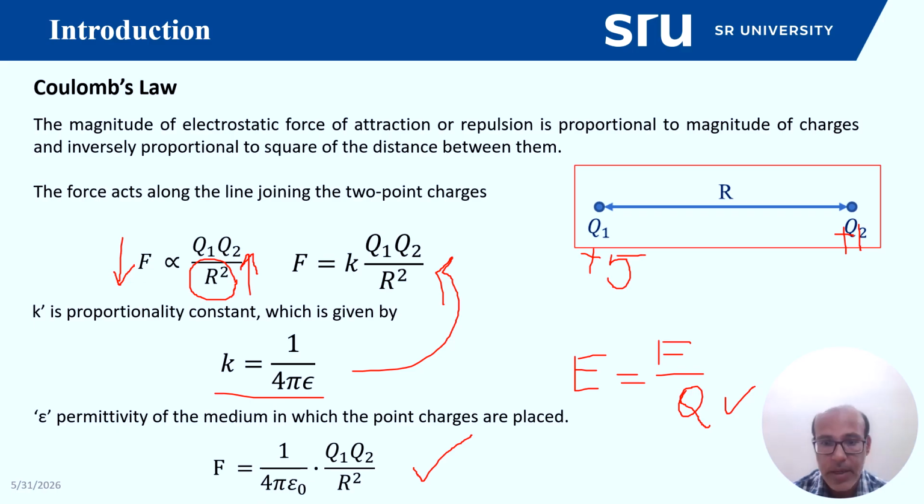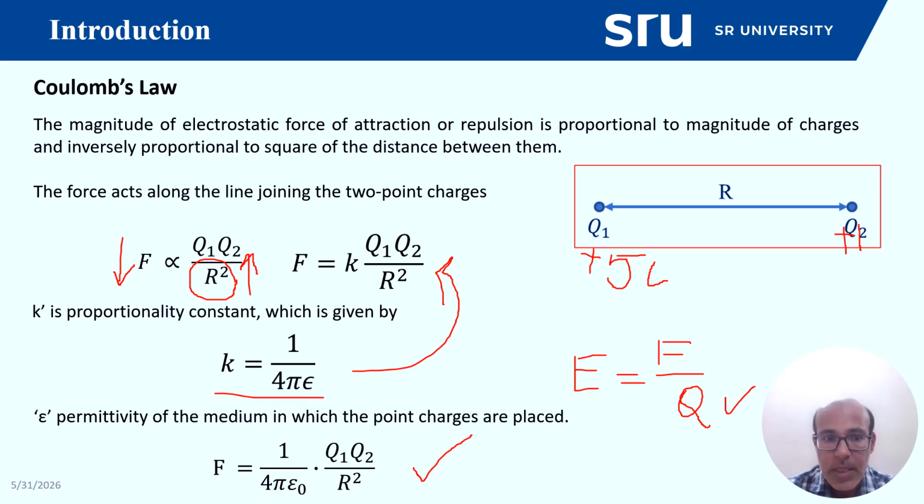Within the influence of a 5 coulomb positive charge, electric lines of force always radiate outward. So when you keep a unit positive charge, definitely the unit positive charge will get repelled away. With what force it gets repelled is essentially the electric field intensity that can be calculated using this simple formula.